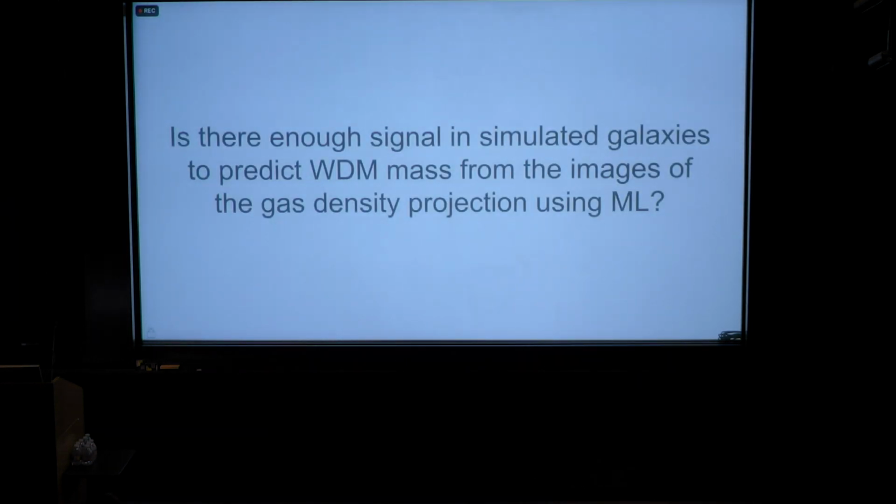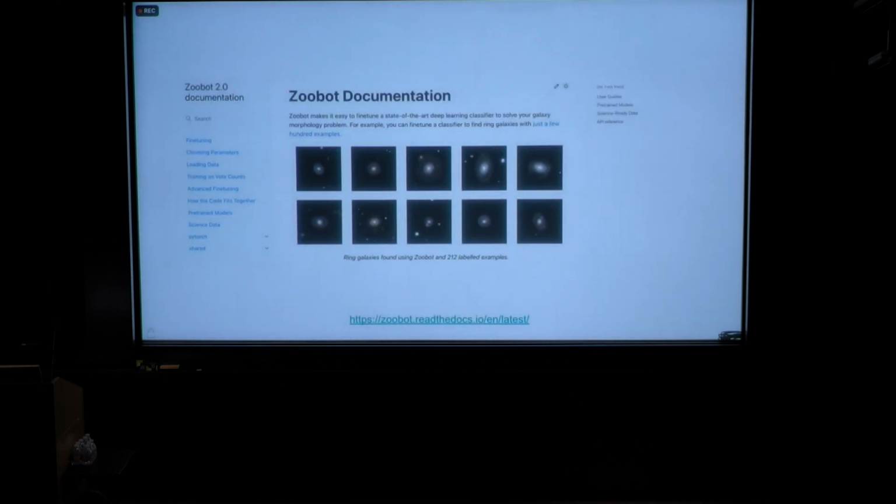So the main question that we wanted to answer with this project was: is there enough signal in these simulated galaxies to predict the warm dark matter mass from the images of these gas density projections using machine learning models? And since we are working with images, we used something called Zoobot.